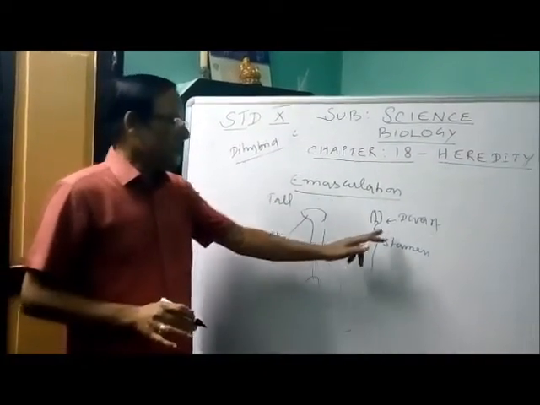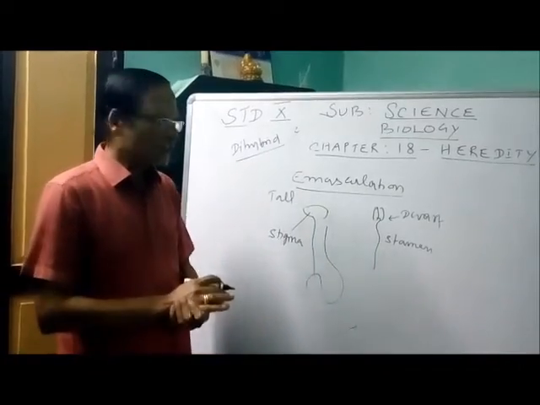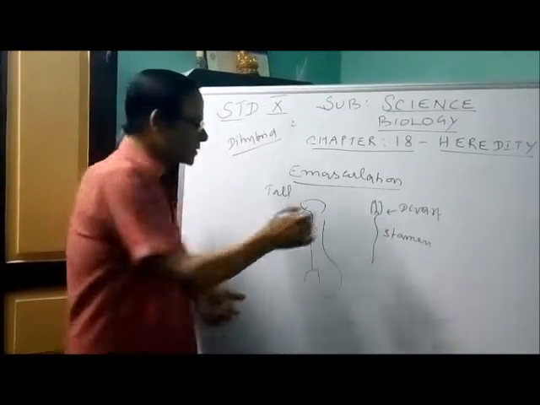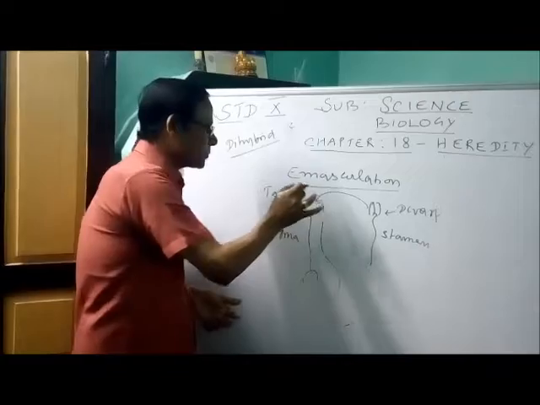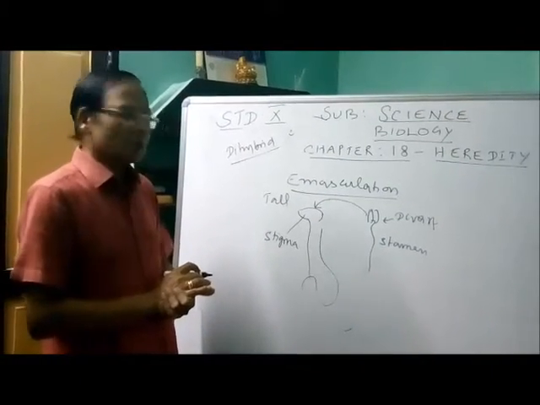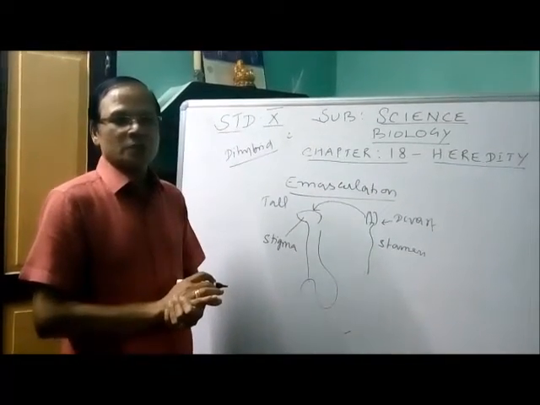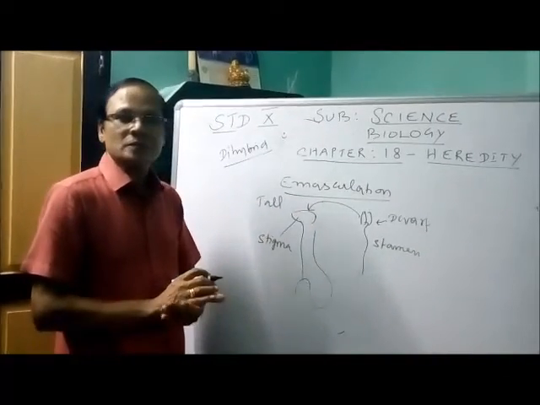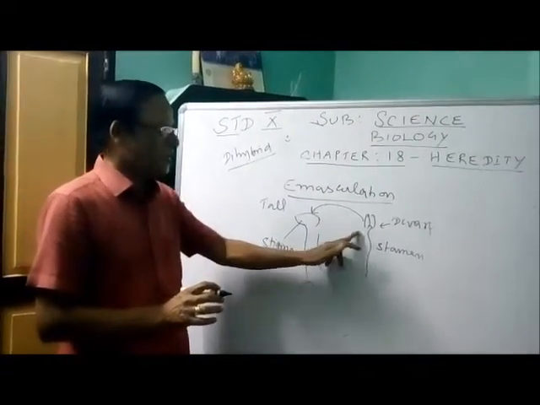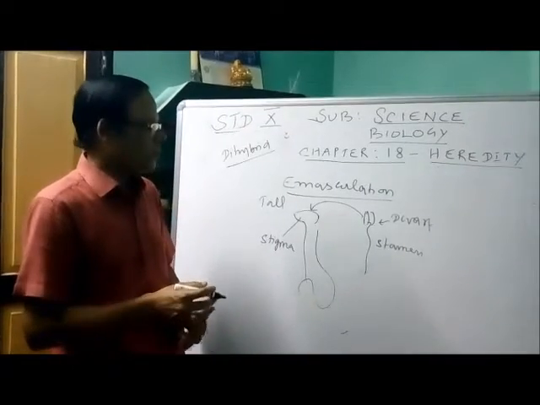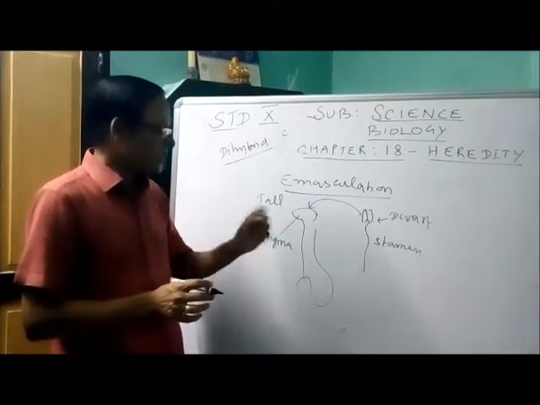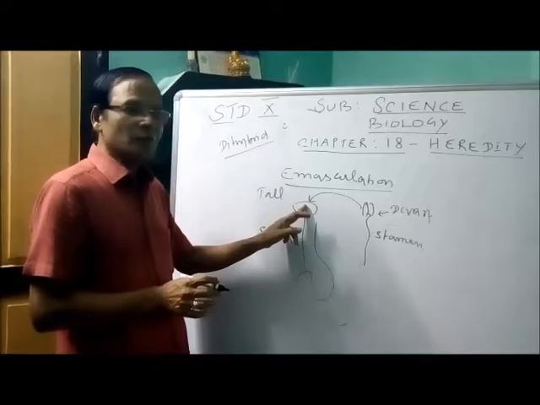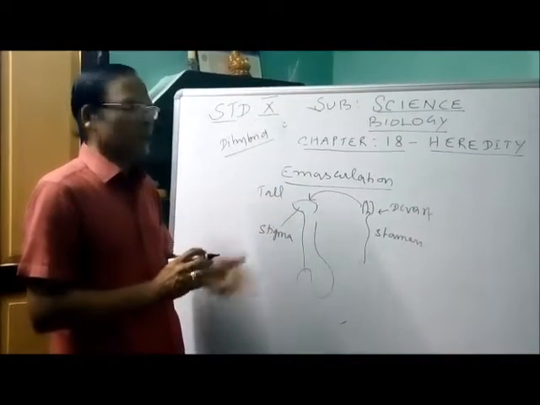He first removed the anther from the dwarf plant and dusted the pollen grains on the stigma of the tall plant to effect cross-pollination. So this is called artificial cross-pollination, not natural cross-pollination. He removed the anther from one plant with the dwarf character and dusted the pollen grains on the stigma of the flower of another plant with the tall character.